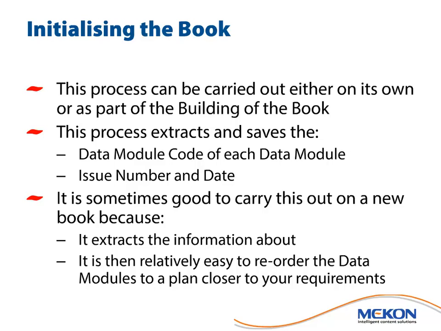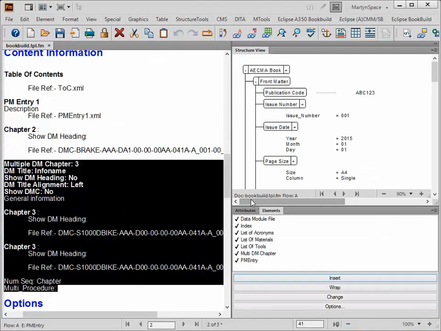Often it's good to carry this out on its own in a new book, because when you're extracting the information about each data module, it's then fairly easy to work out how the data modules should be reordered to make a coherent story.